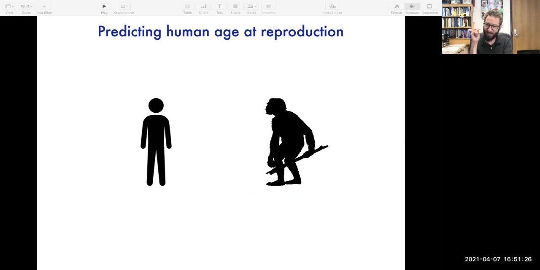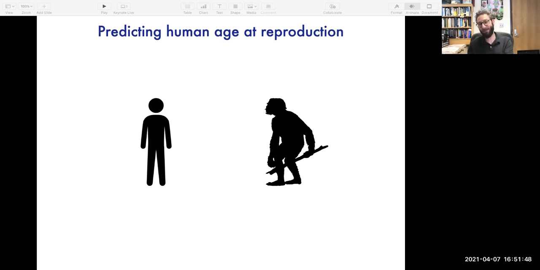And if I knew all the mutations that arose in a time period, I could tell you the average age at which people were having kids. So it's not attached to any particular trio, it's attached to a population of humans, right? You give me all the mutations from this generation in time, this slice of time, and I tell you the average age at which people were having kids.